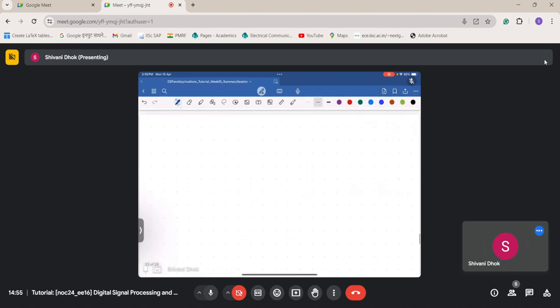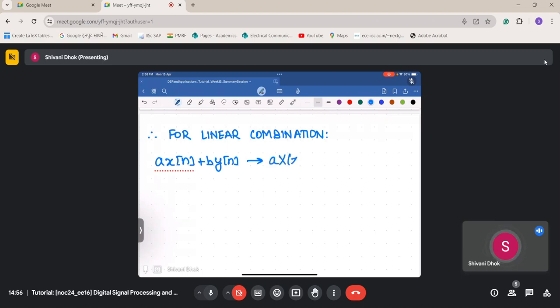Therefore, for the linear combination a x of n plus b y of n, the Z transform is a times X of z plus b times Y of z, and its region of convergence will be at least Rx intersection Ry.